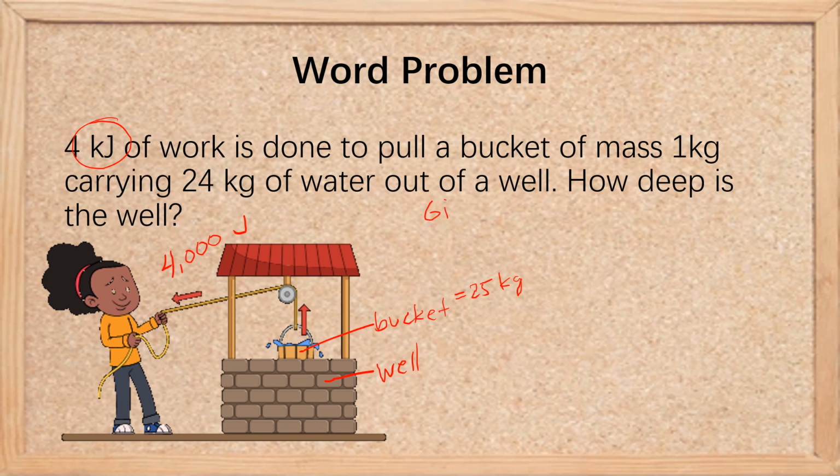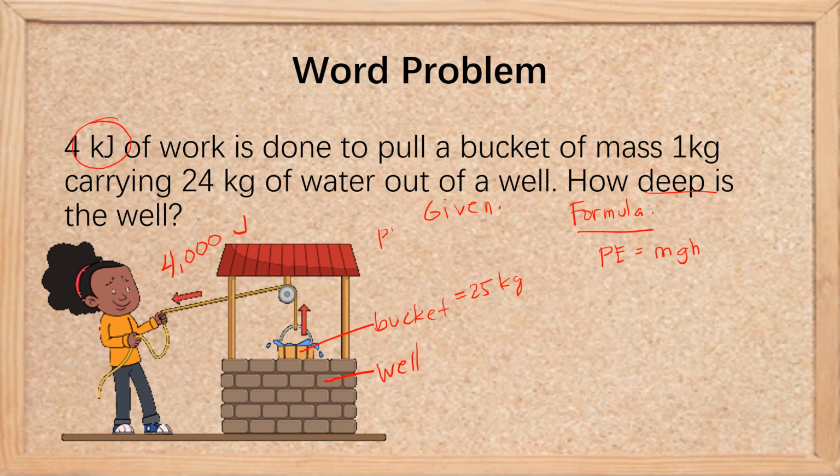So looking at our given, we're asked about how deep, right? So we are going to compute, what do you think, potential or kinetic? Okay, very good. So we are going to compute the height. So remembering the formula for potential energy, PE is equal to mass, gravity, and height.